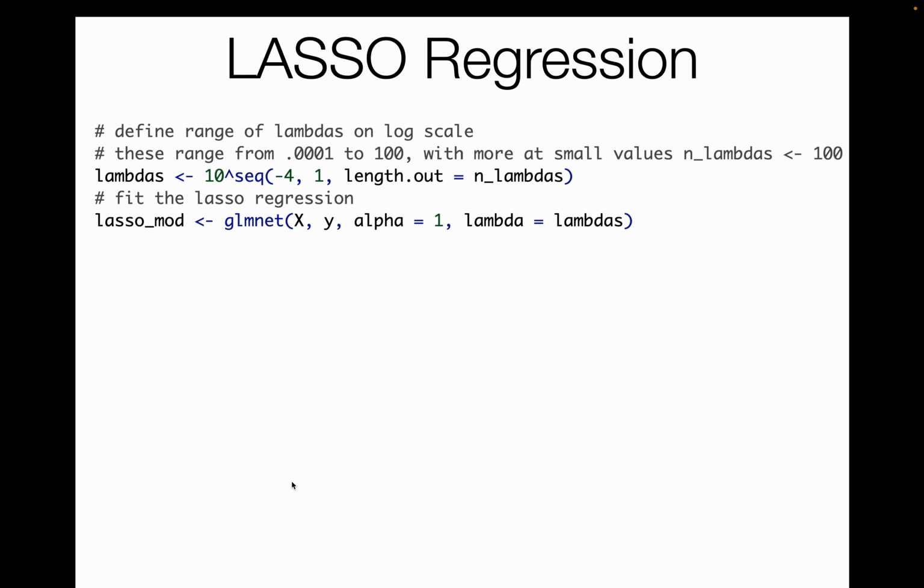You use the same function, this glmnet function, to do lasso. Before, if you look back, you'll notice alpha is 0 for ridge, alpha is 1 for lasso. And you'll see, based on the elastic net, why I'm using alpha as 0 or 1.